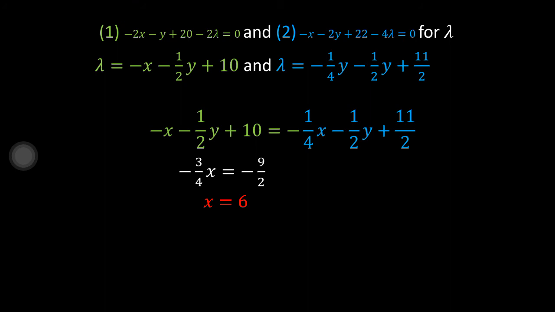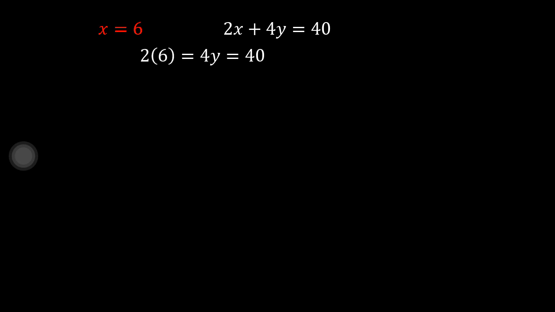So, we now substitute x is equal to 6 into the constraint 2x plus 4y is equal to 40 para malaman natin yung value ng y. So, 2 multiplied to 6 plus 4y is equal to 40.